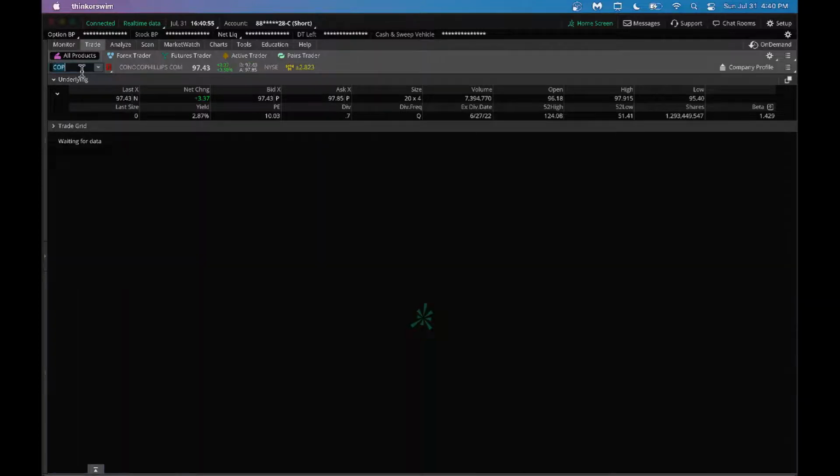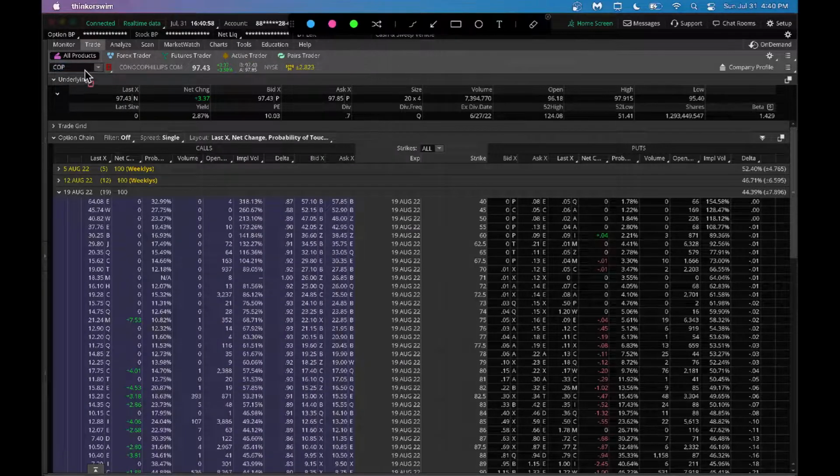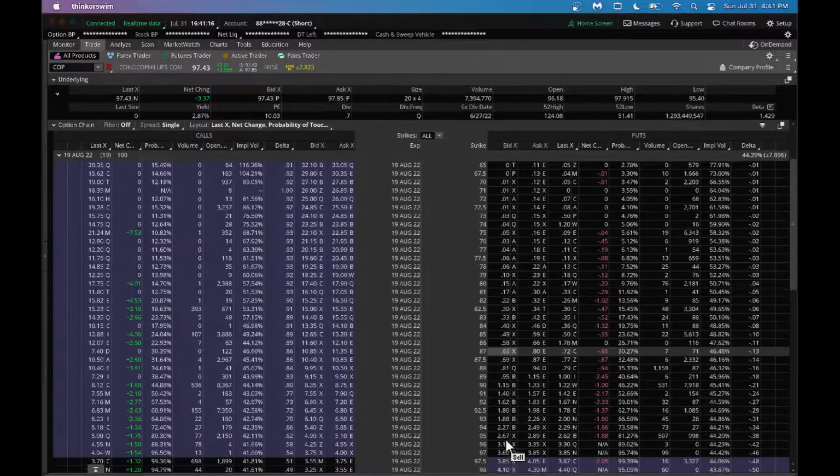All right, so look, we got ConocoPhillips at $97, as you can see here. And we got an all-time high of 124, and you could look at the probability of touch right here. I would go around 30 right here. Look, $87 versus 97, $10 below the current price. And you could just look at the open interest also here.